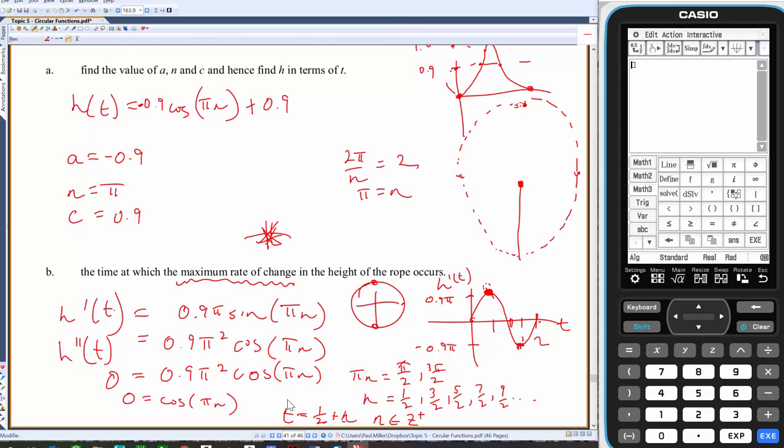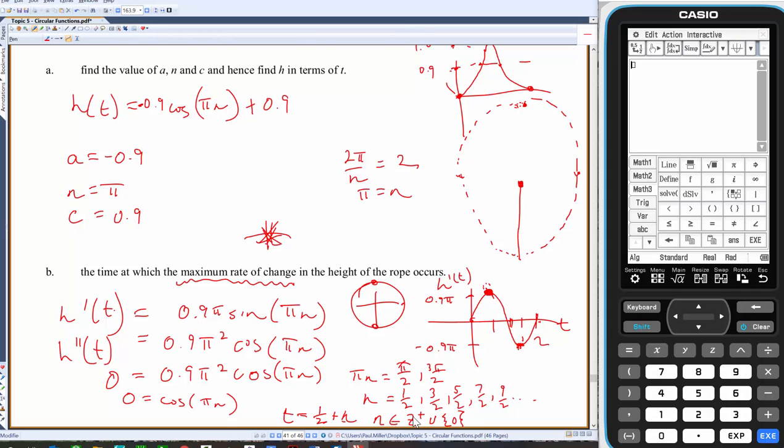So I'm going to give a general solution and say that it's going to be a half plus n, where n is an element of all Z positives, and I can union that with 0, can I? Yes, I can. Right, so I'm going to union that with 0 to let someone put 0 in and all the other Z positives, so 1, 2, 3, 4, 5, 6, 7, 8, 9, like the counting numbers.